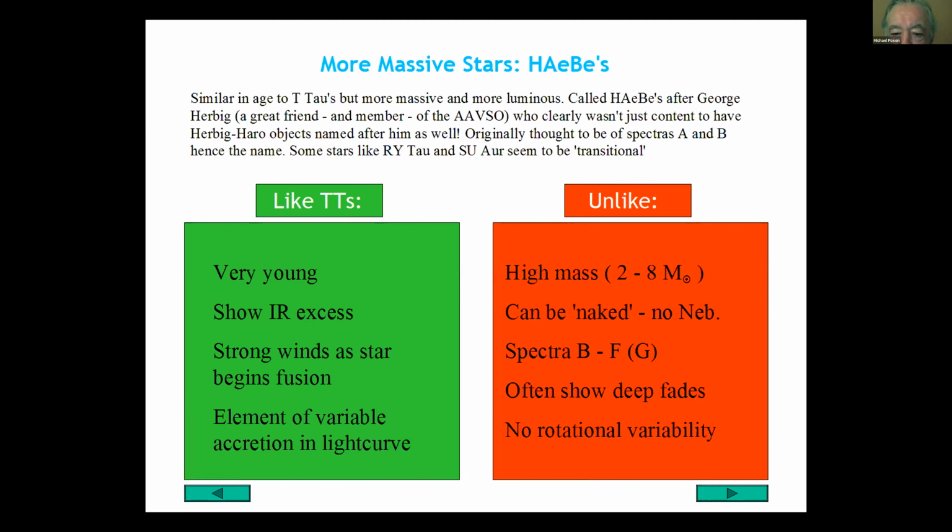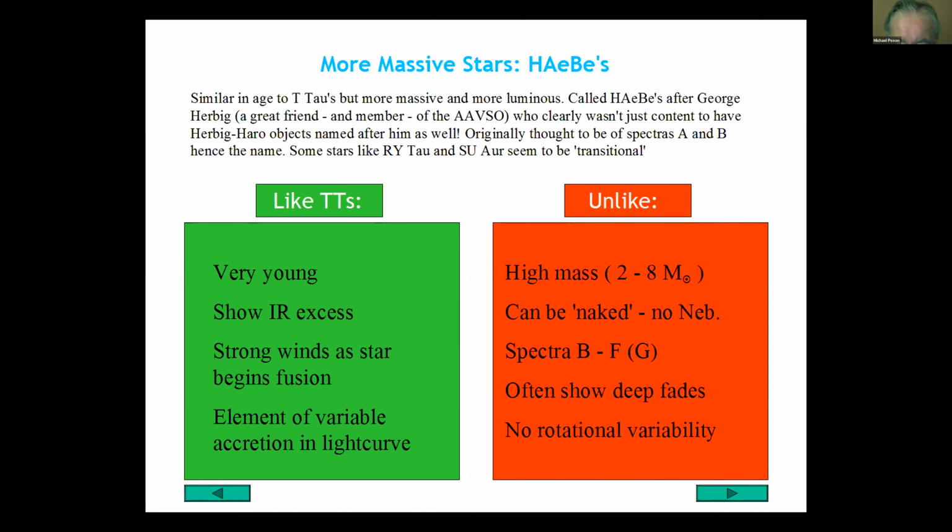There is no nebula material visible near them, and they're also hotter. Spectral types B and A, as a rule. Sometimes they might get a little bit cooler than that, and they often show very deep fades. We'll see in a minute that sometimes so can the T Tauri stars as well.